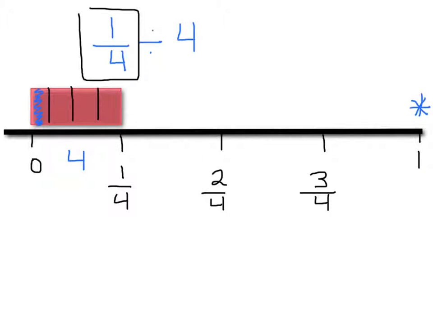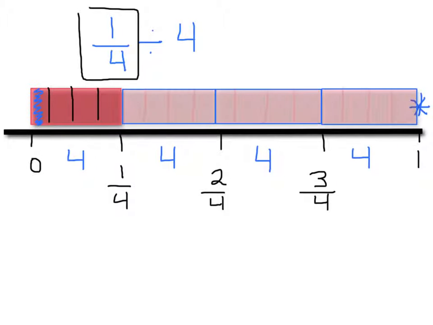That means if we broke up this quarter, that would have 4 pieces, this would have 4 pieces, and this would have 4 pieces. Therefore, I have a total of 16 pieces, and my little blue sliver up there is 1 out of 16, or 1/16. 1/4 divided by 4 is 1/16.